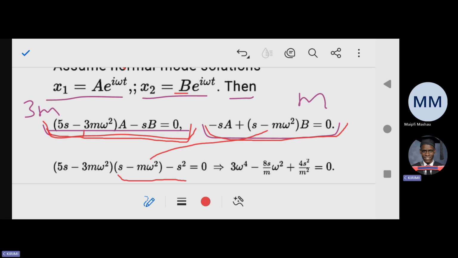The first bracket is this one. Are we there? So you take out the A and the B outside. Yes. Then what are you left with?